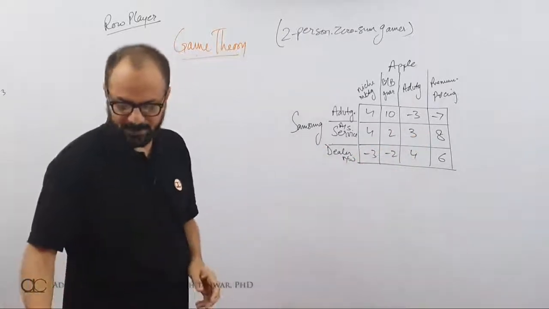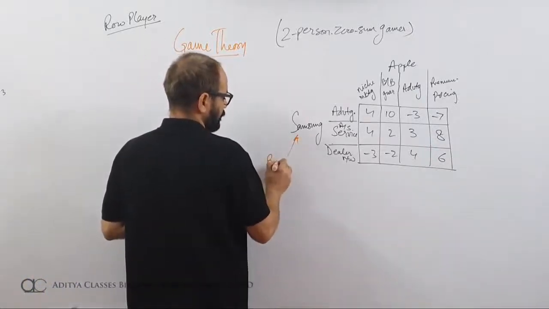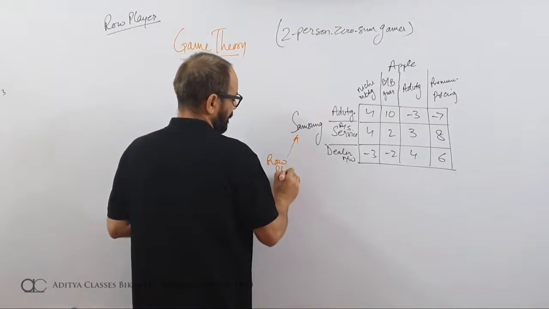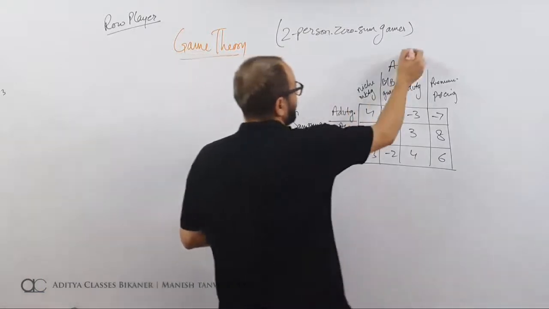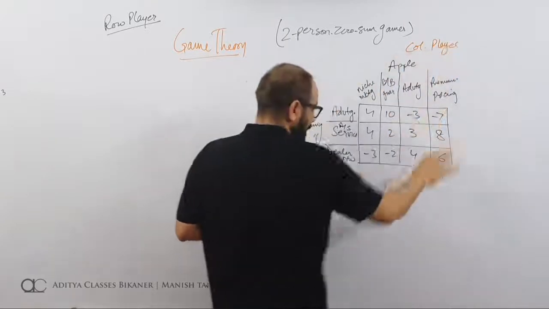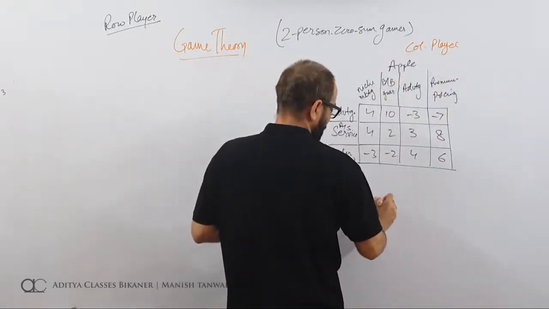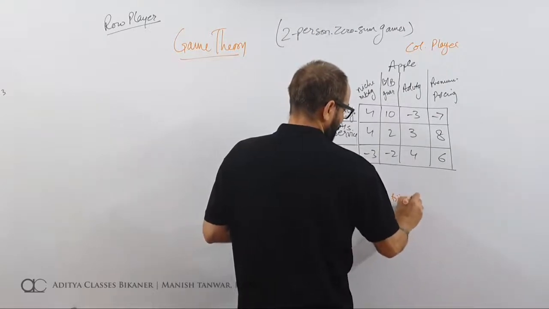Once again, before we wind up, let us take a recap. This is row player, and then we have column player. The game is written according to perspective of row player.